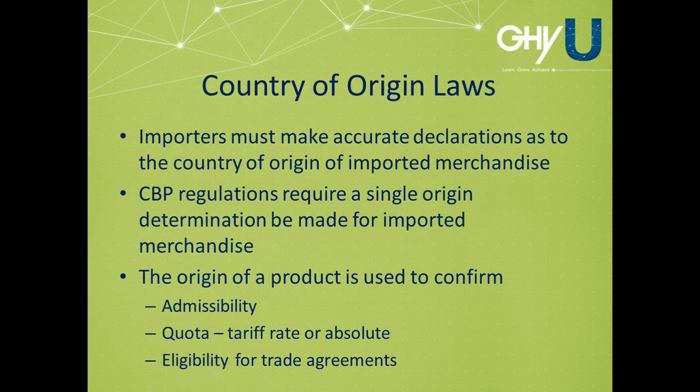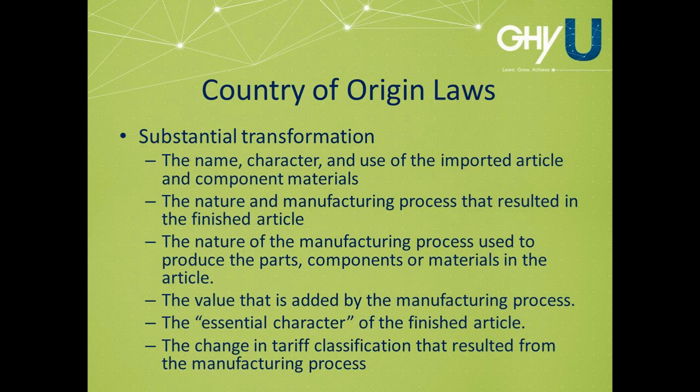The rules for determining the origin of a product under a given free trade agreement impose a higher standard. For example, the preference laws require more processing and/or qualifying content than the rules for determining the country of origin for customs marking purposes. It is important to keep in mind the NAFTA rules of origin will override or trump the rules of origin for marking purposes.